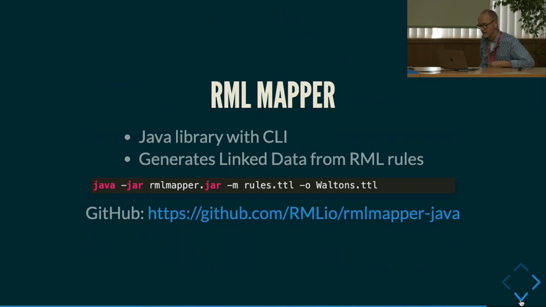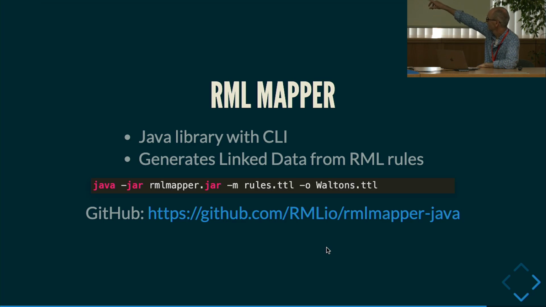And then the final step in the process is to use the RML mapper. The RML mapper is a Java library provided by FamilySearch, and you can use that to generate your linked data from your RML rules.